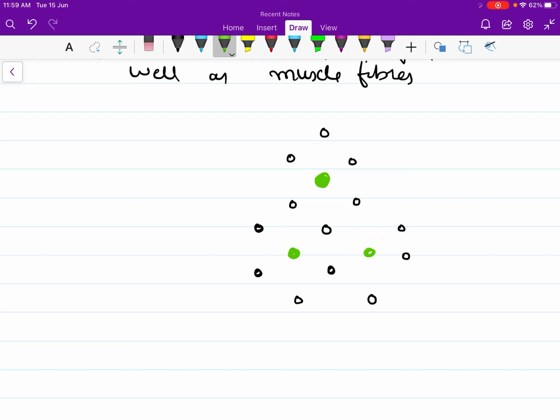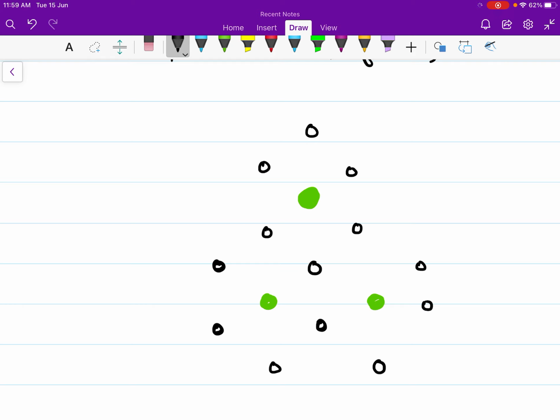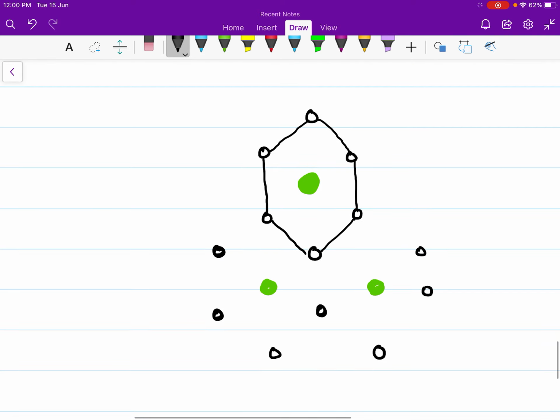Suppose I explain this point. Suppose this is a central thick filament, the green one. This thick filament is surrounded by 6 thin filaments here. This is 1, 2, 3, 4, 5, and this one is 6. So each thick filament has 6 thin filaments adjacent to it, right? Similarly, each thin filament, suppose this one, will be surrounded by 3 thick filaments, just like this.